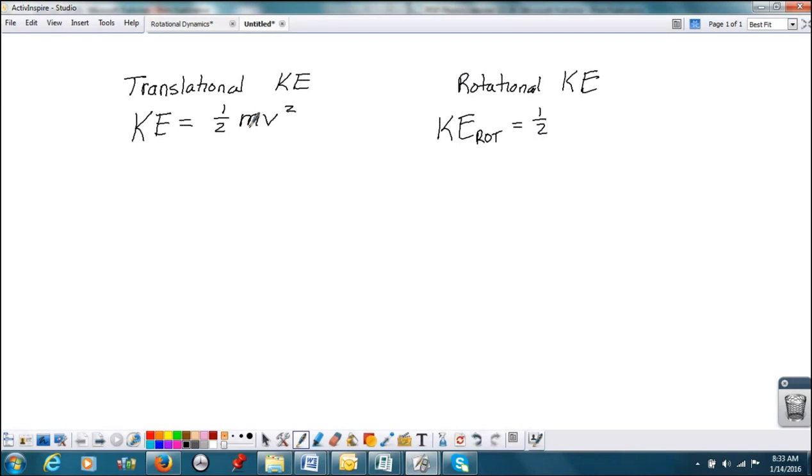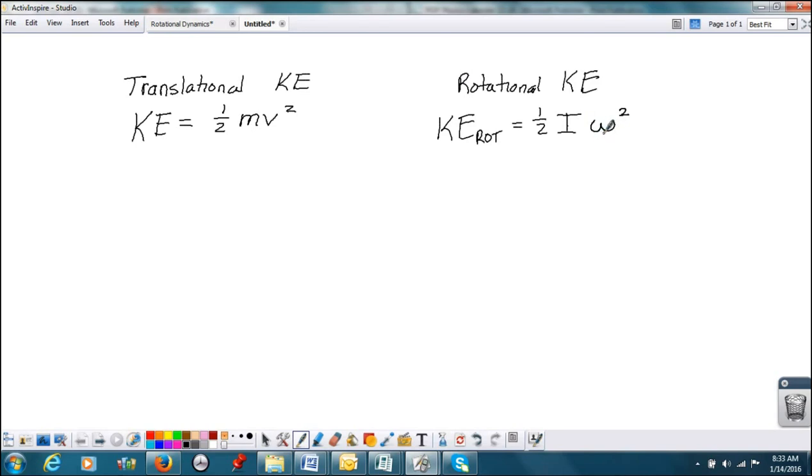But instead of the inertia of the object, we need to use the moment of inertia for the object. And instead of the velocity in meters per second, we need to use the angular velocity in radians per second. So it's very similar to what we had before, still measured in joules, but the object in this case, instead of needing to be moving, needs to be rotating.